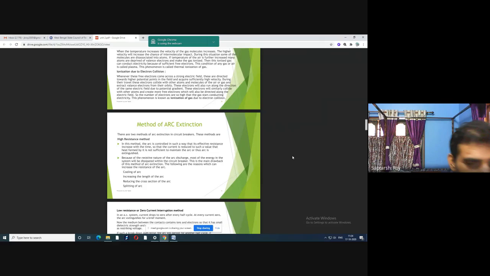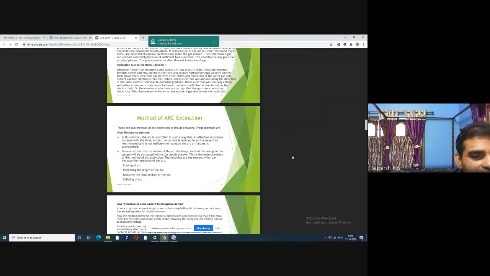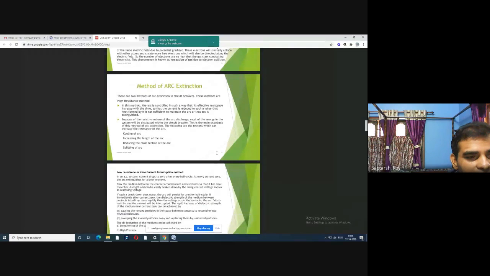The following are the reasons which can increase the resistance of the arc: cooling of the arc, increasing the length of the arc, reducing the cross section of the arc, and splitting of the arc. Now, what is cooling of the arc? It happens because of recombination of ionized particles. Increasing the length of the arc: the length of the arc can be increased by increasing the gap length between the contacts.